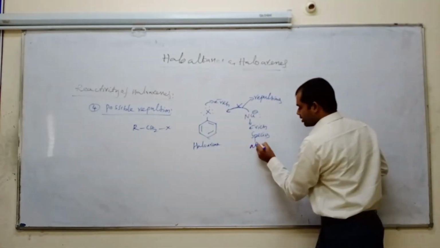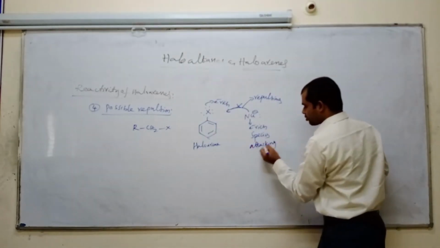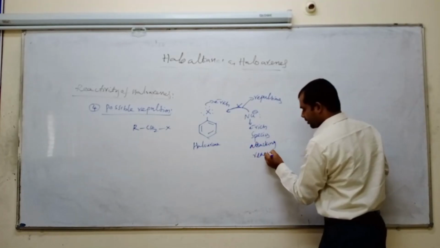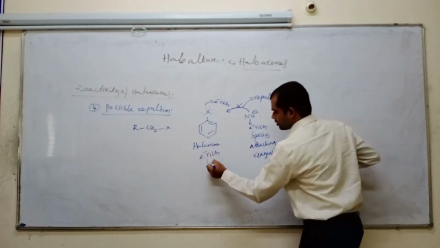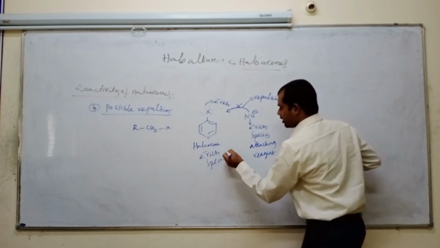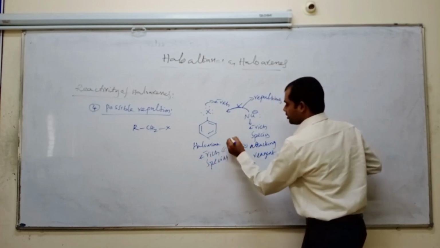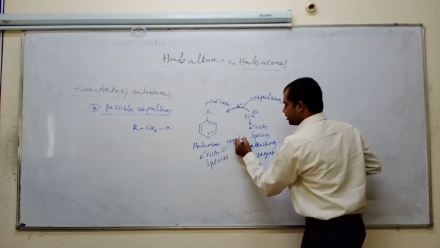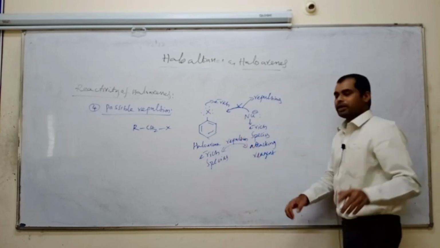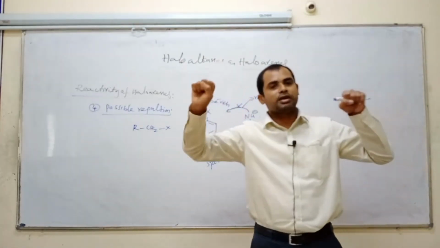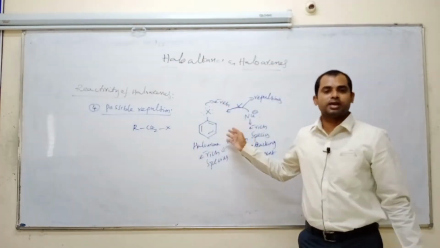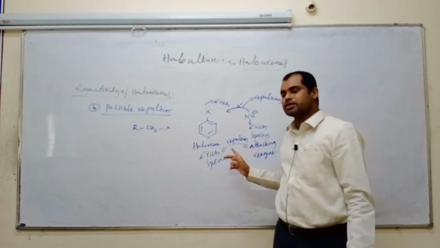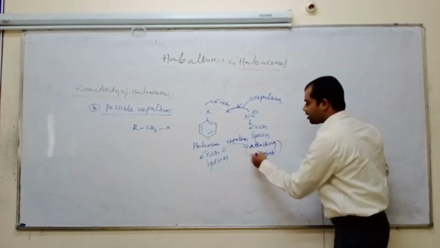The nucleophile is the attacking reagent. There is a repulsion between the electron rich haloarene and the attacking nucleophile. Because of repulsion, it does not attack. An electron rich species always attacks an electron deficient compound.